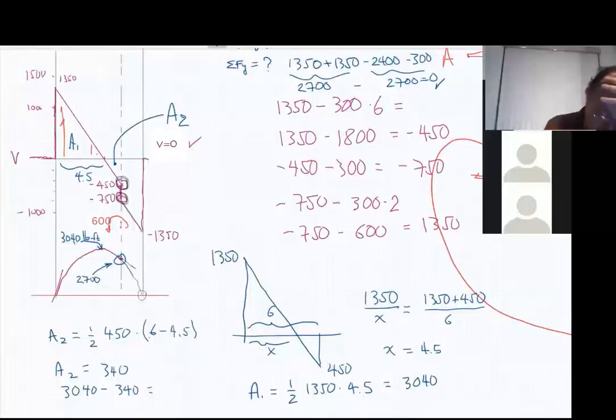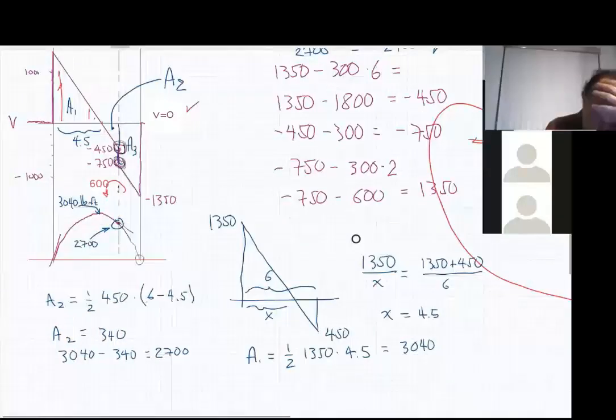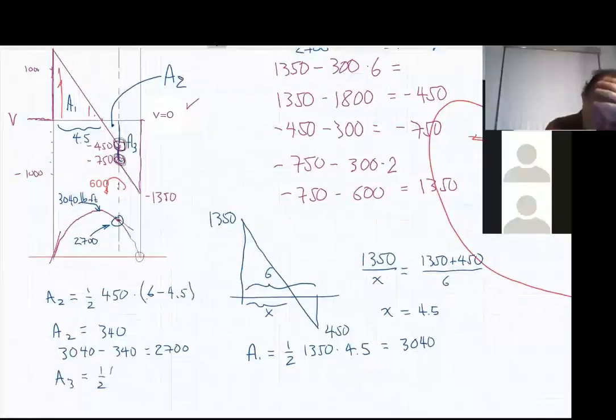And then we have the area 3. Area 3 is kind of like a trapezoid. Area 3 will be 1/2 of the little base here, 750, plus the big base here, 1350, multiplied by the height of the trapezoid, which is 2.